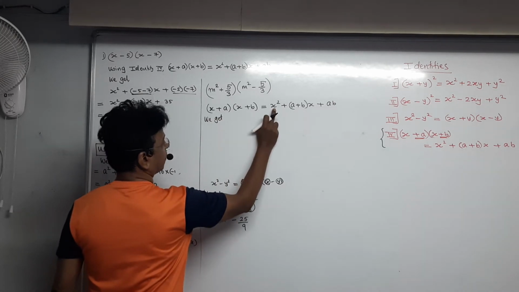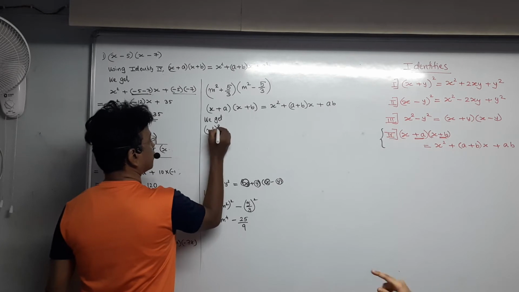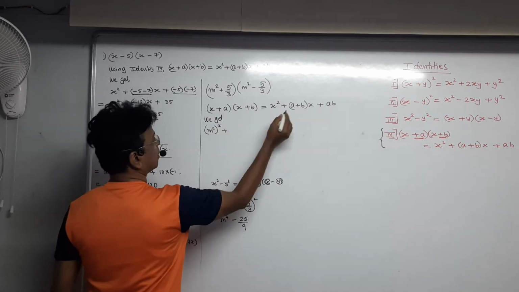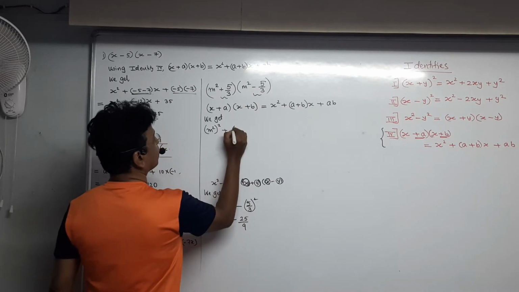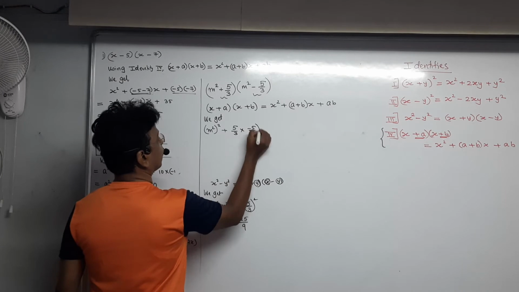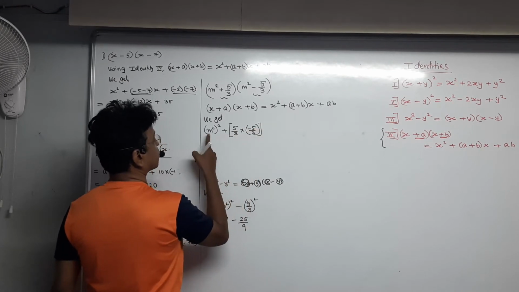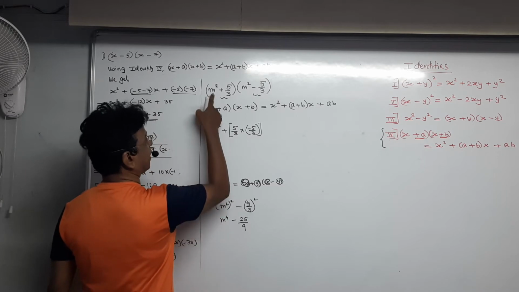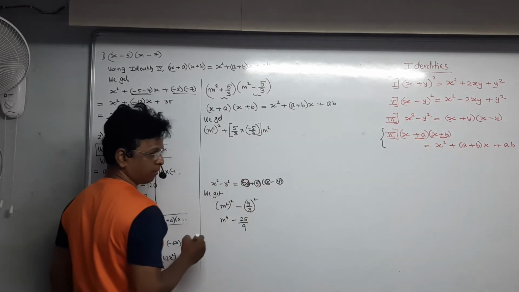First term's square, m square square, always plus. Now the signs: plus 5 upon 3 into minus 5 upon 3, remember this. And then m square, remember, whatever is over here you have to write, that will be m square.